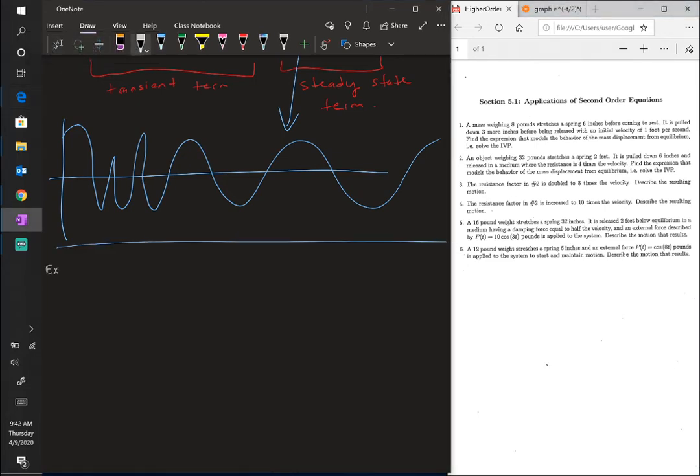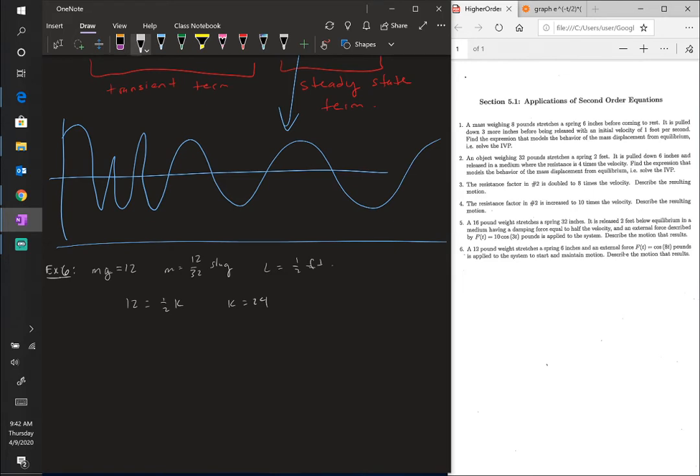Example 6 says the mg is 12, so m is 12/32 slugs. It stretches the spring 6 inches, so L is 1/2 a foot. And 12 equals 1/2 times K, so K is 24.